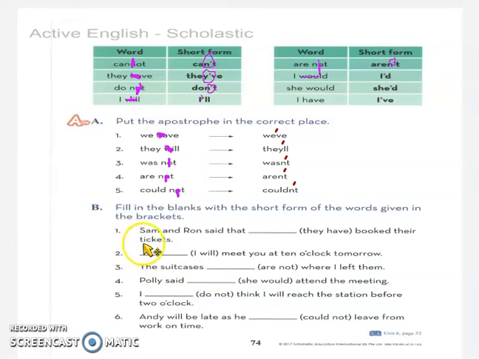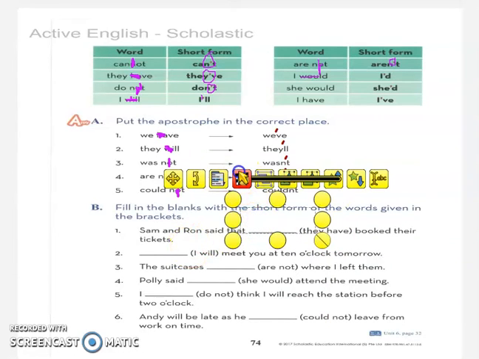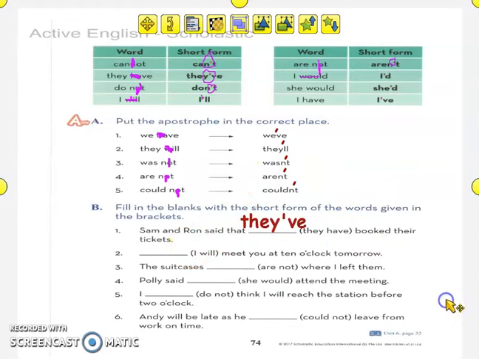Number 1, Sam and Ron said that they have booked their tickets. How can we write the short form of they have? Excellent. They've, and this is the correct form.